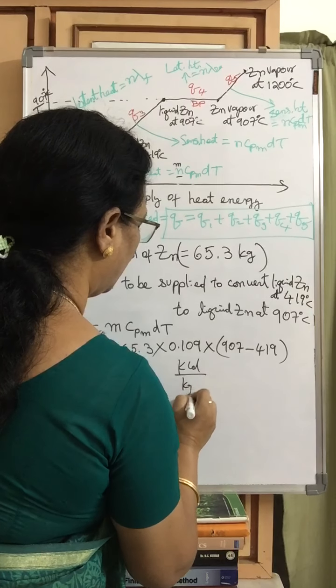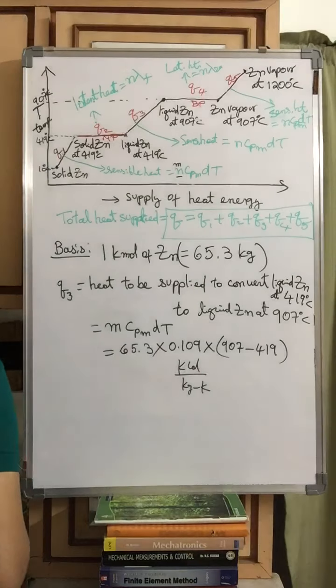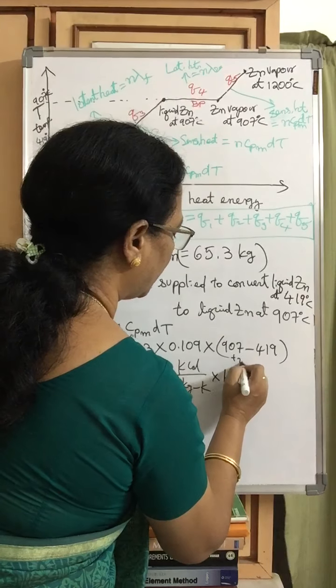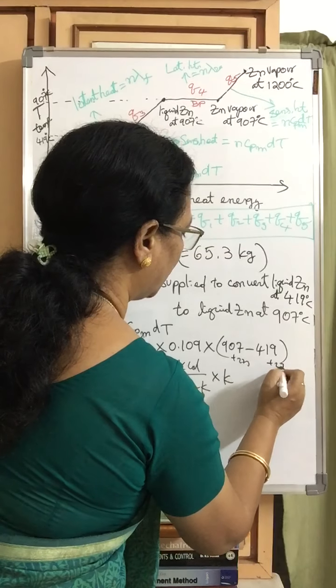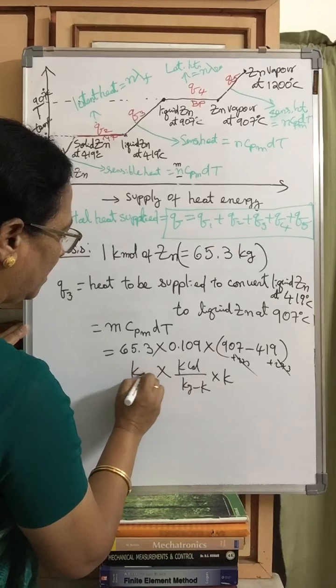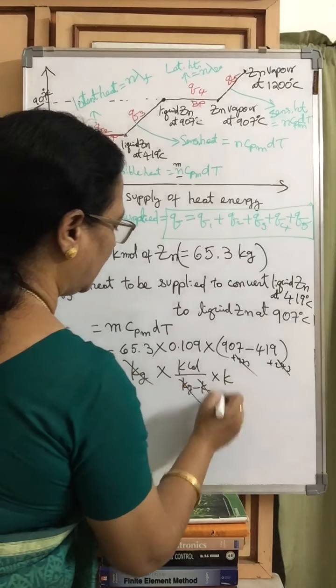This is kilocalorie per kg per Kelvin, 0.109. And it is per Kelvin because the plus 273 and plus 273 get cancelled, and here it is kg, Kelvin.